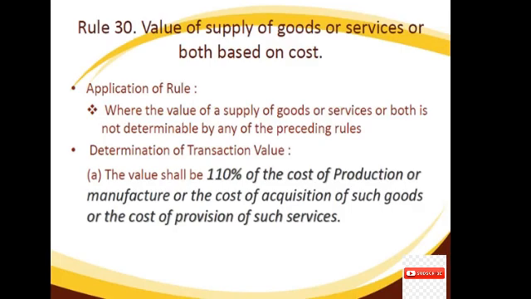Since the selling price or open market value is not available, you will be calculating your total cost and then assuming as if you are selling the commodity at a profit margin of minimum 10%. So, it becomes your final selling price.